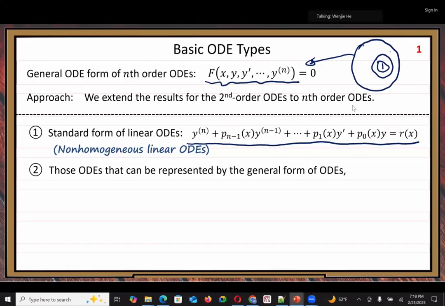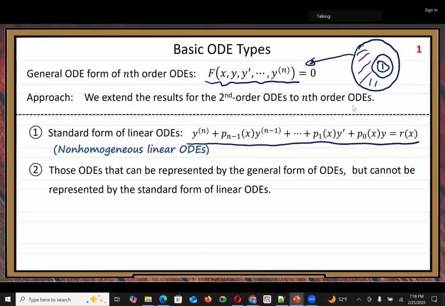And we have many other forms. So those ODEs that can be represented by the general form of ODEs, but cannot be represented by the standard form of linear ODE, you can see the remaining part inside that big circle. That's the second type. Then, third type, homogeneous linear ODE.